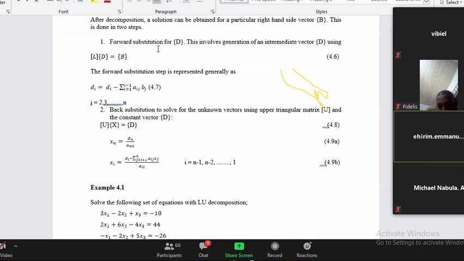So when we have done that, now we will try to find another intermediate vector, D. This vector D, we want to find an intermediate vector D using L, the lower triangular matrix, and the given B. I want to state here that for this LU, we are not touching B. We're only touching the matrix A. A11, A12, A13.